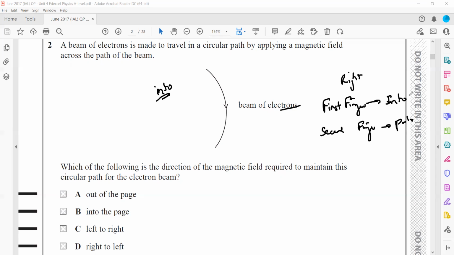In this example, the particle is moving down, so your second finger should point down. Then the thumb points to the left hand side, and this electron is moving toward the left hand side. So this gives an idea that the field is into the page.